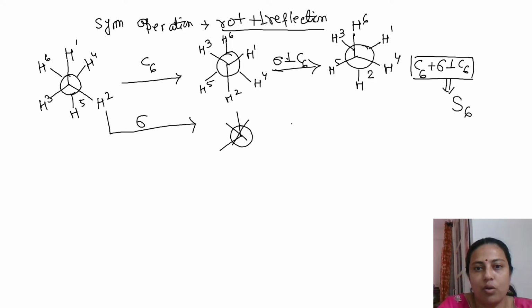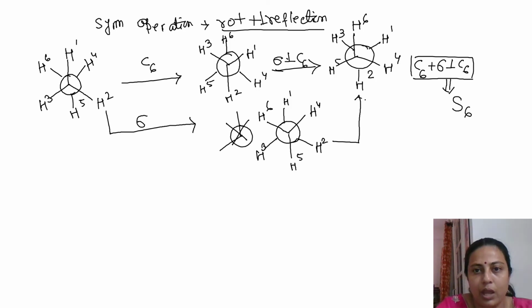Similarly, the beauty is if you do the sigma operation first, then you will get a structure like, sorry, this is wrong. Then you do this C6 operation, you will go back to the same structure.